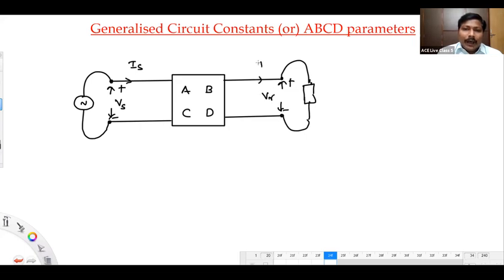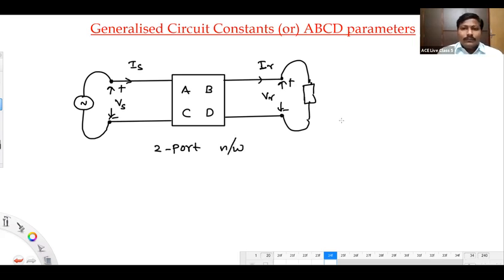I'm not keeping any bar here, like VS bar, VR bar, IS bar, IR bar, but you should understand that these are phasors. Voltage and currents, whatever I am showing in this figure, are phasors. Each number, for example VS, has a magnitude as well as some angle. IS has some magnitude as well as some angle. Similarly, VR and IR also. So it's a two-port network model.